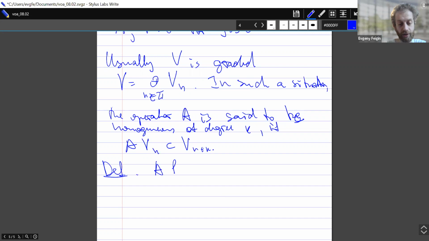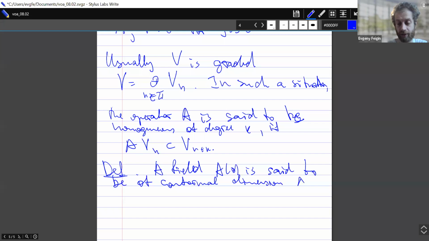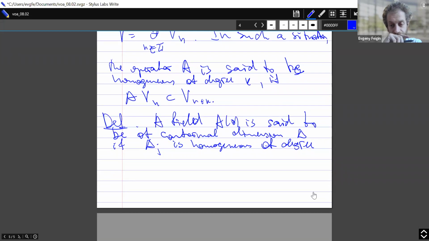A field A of Z is said to be of conformal dimension delta if A_J is homogeneous of degree delta minus J. So let me check.